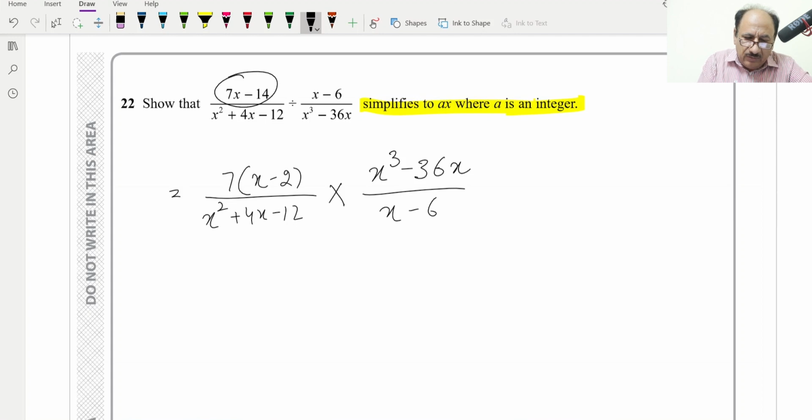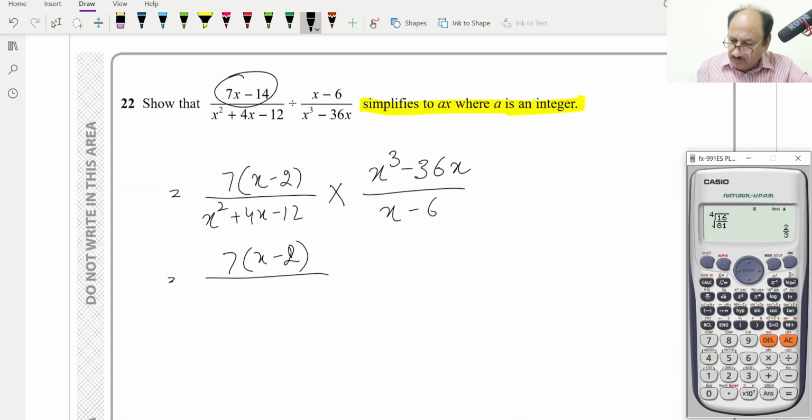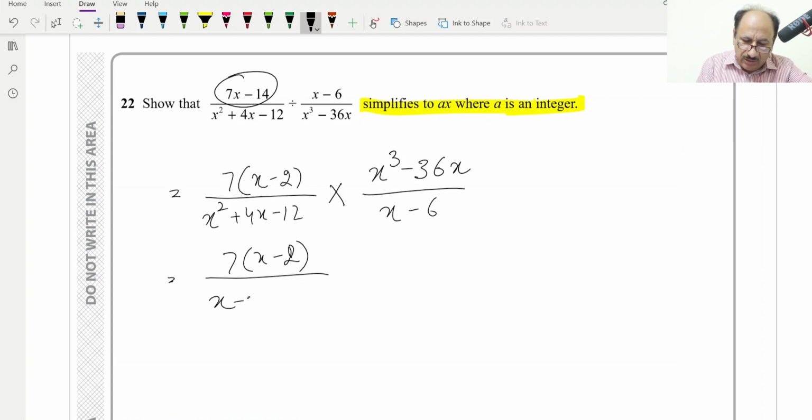Now we can factorize the lower denominator portion. In this case we can factorize by calculator also, mode 5 3, and the coefficient of x square is 1, coefficient of x is 4, and minus 12 is the constant, so it is giving 2 and minus 6. So we will write x minus 2 and x plus 6.